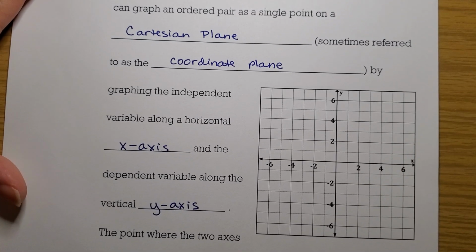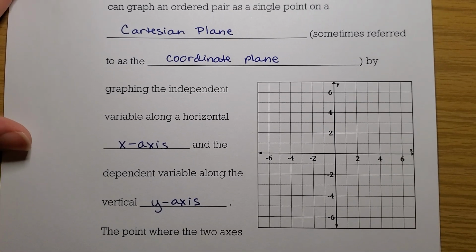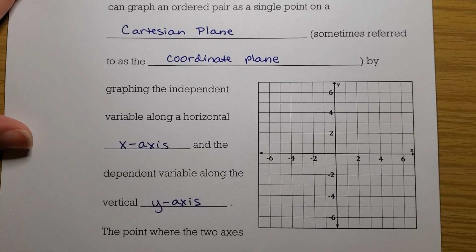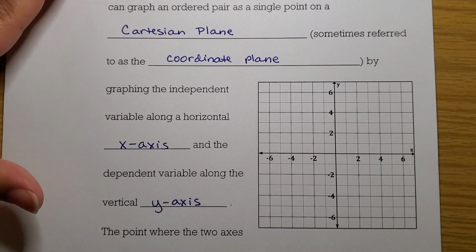Okay, let's pause for a moment here and talk about this a little bit. So the Cartesian plane is named after a guy named René Descartes, who was a French philosopher, so he's attributed with coming up with the system of graphing ordered pairs or visualizing ordered pairs.